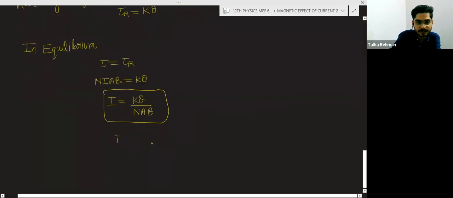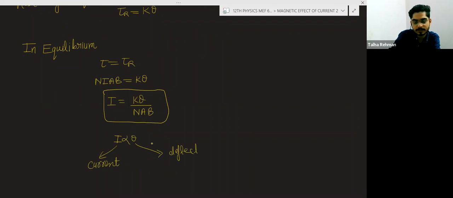So this current will be directly proportional to theta. This is the current in the galvanometer, and this is the deflection in the galvanometer. So if the current increases in the galvanometer, the deflection of the pointer will increase.